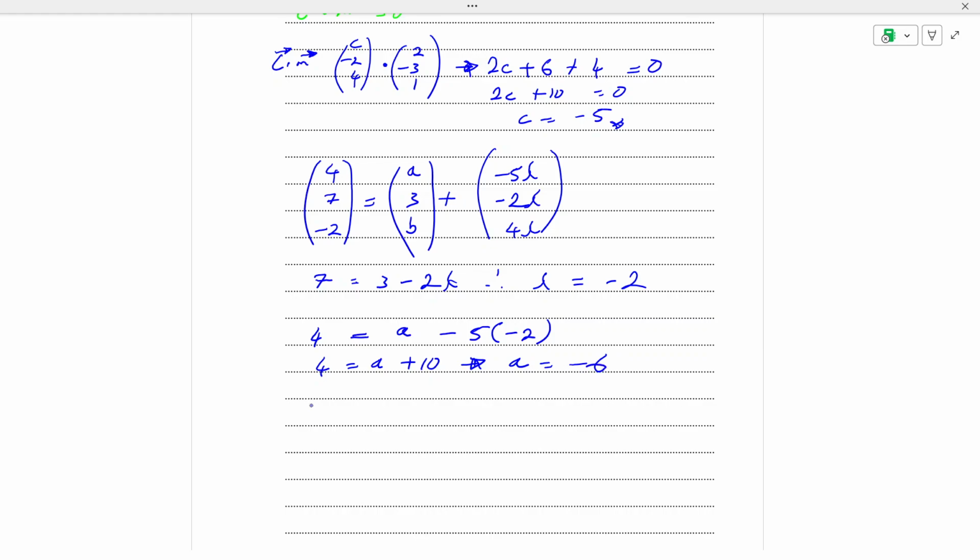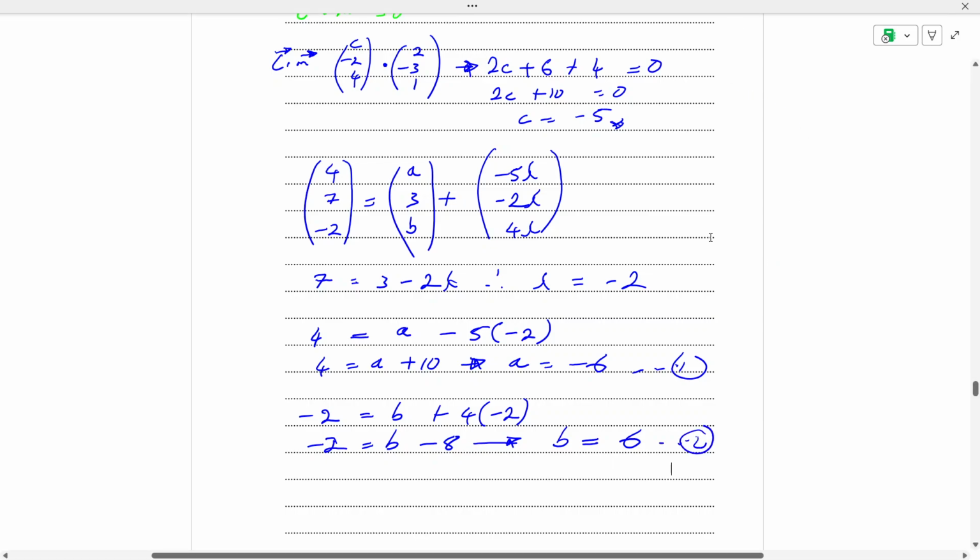Then we do that with the last row. We have negative 2 is equal to B plus 4 multiplied by lambda. Lambda is negative 2. Then you have negative 2 is equal to B minus 8, right? And then you can take the negative 8 to the other side, then it becomes positive 8. So you have negative 2 plus 8. Then you have your B is 6. Okay.